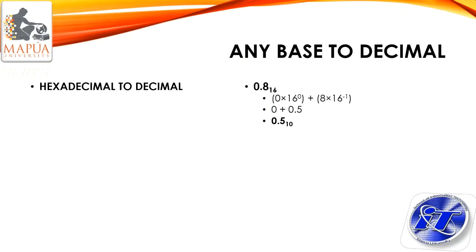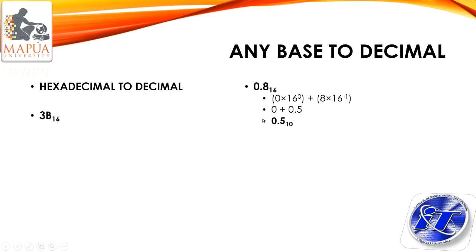Another example, 0.8 base 16. At the radix point, the left side will have 16 raised to 0 for its positional value. Left to right decreases by 1. So 8 will have a positional value 16 raised to negative 1. Multiply the digit to its positional value, and the result is 0.5.